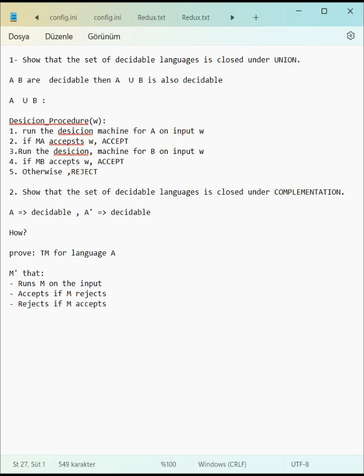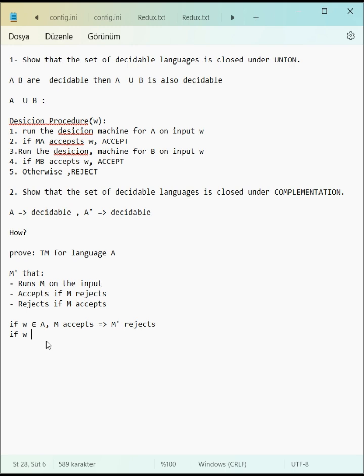Let's write the correctness. If w is an element of A, M accepts, so M complement rejects.